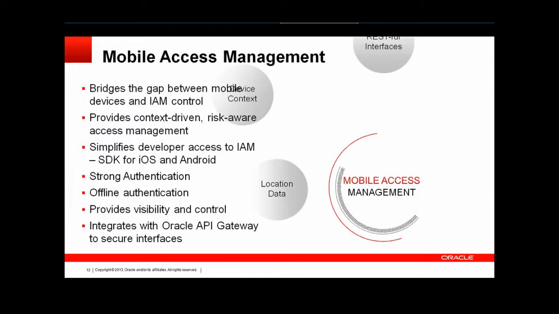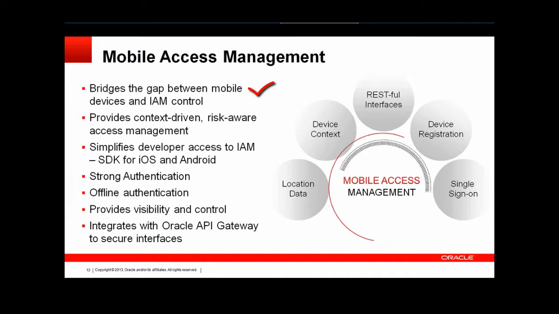So what does mobile access management do? Mobile access management bridges the gap between your mobile devices and your traditional IAM controls. The key point here is that you might have your identity and access management infrastructure in place, and you just want to extend that to mobile access rather than writing something new.